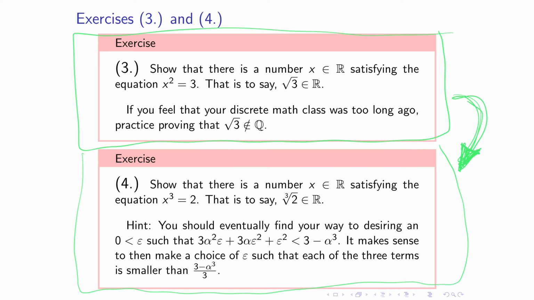These should be somewhat familiar and somewhat similar to previous things, but certainly there will also be differences. Especially here, when we're talking about the cube root, you're going to want to get a similar expression to what we looked at before, but there are going to be some obvious differences, and you'll have to manage that.